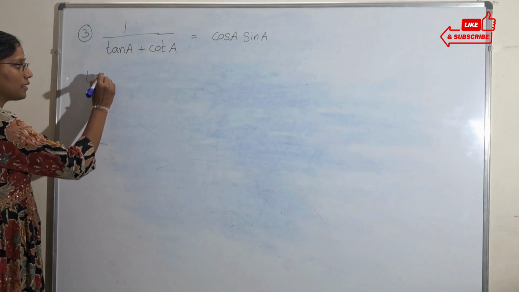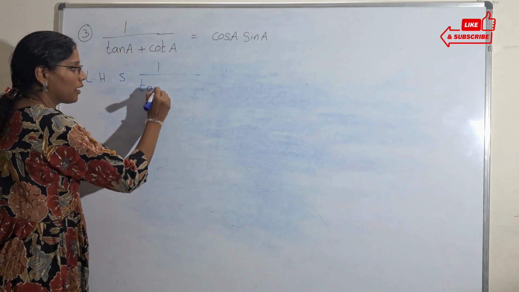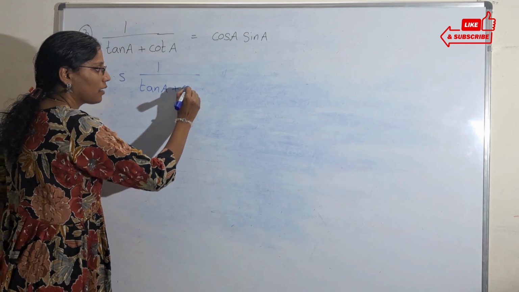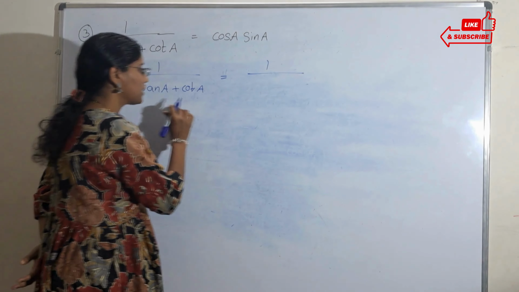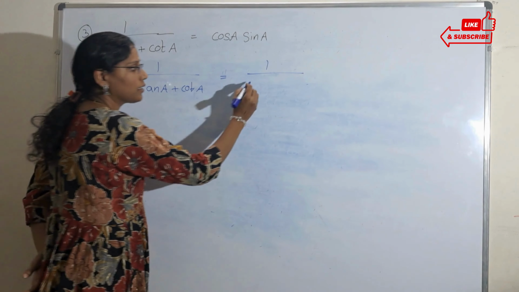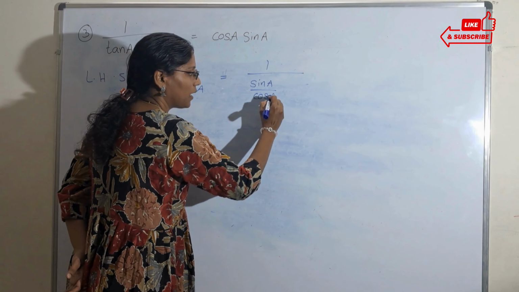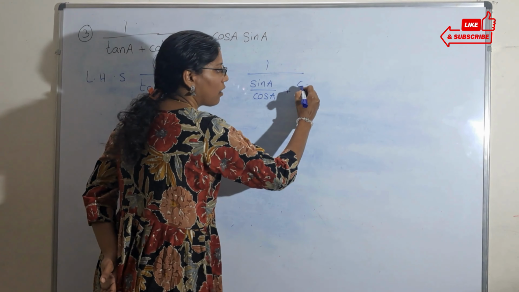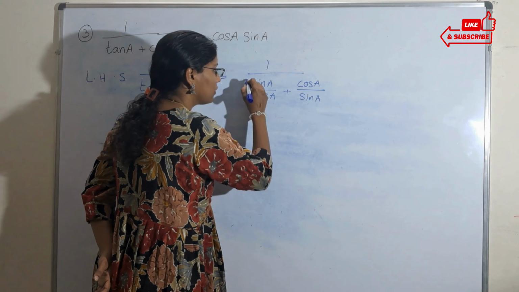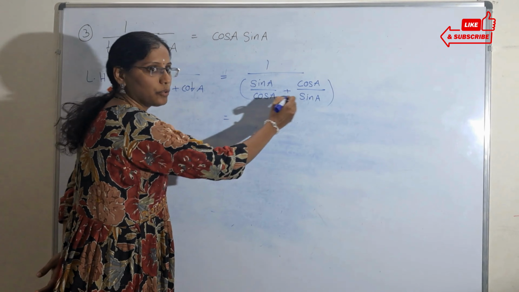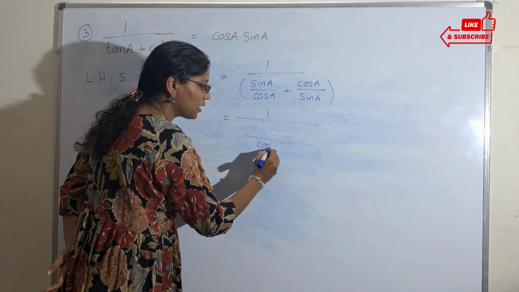LHS we have to consider: 1 by tan A plus cot A, is equal to 1 by sin A by cos A plus cos A by sin A. In the denominator we have to take the LCM, cos A into sin A.